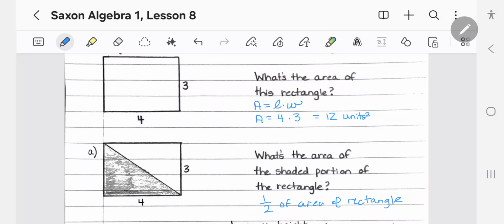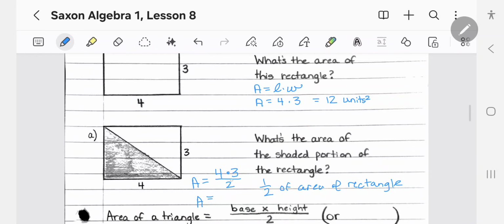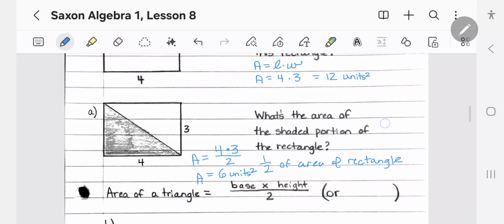So we could figure out the area of this triangle. We could say, well, that just means I'm going to take the length and the width again, and then I'm going to divide it by 2 to cut it in half. So the area there would be equal to 12 divided by 2, which is 6 square units. It's just half of the rectangle. And we have a formula for that.